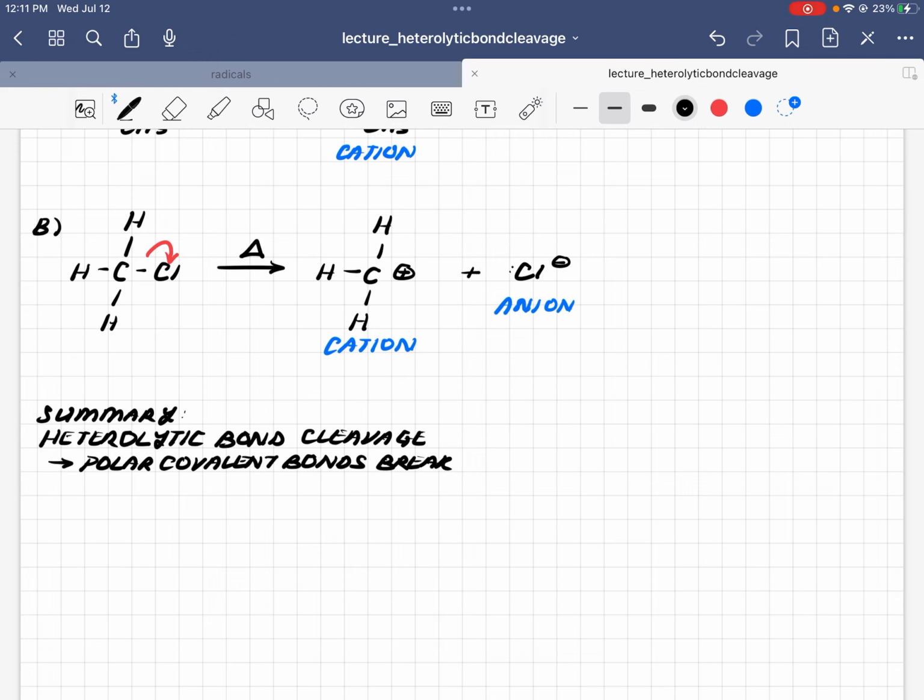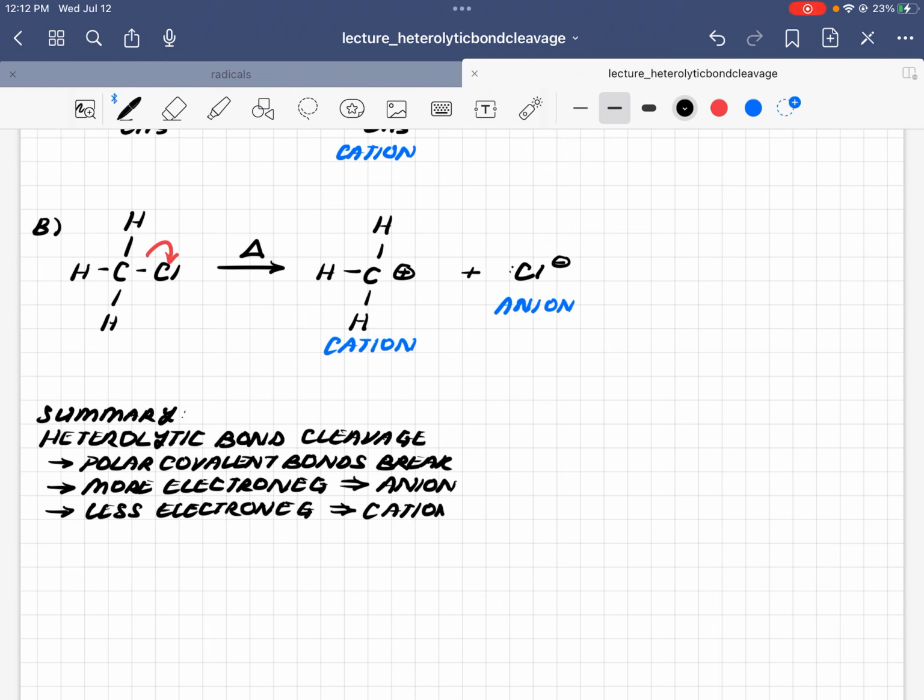And these polar covalent bonds will break due to a difference in electronegativity, where the more electronegative atom will form a negatively charged species called an anion, and the less electronegative atom will form a positively charged species called a cation.